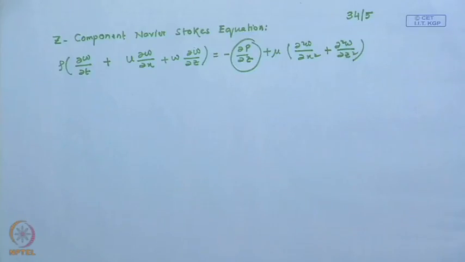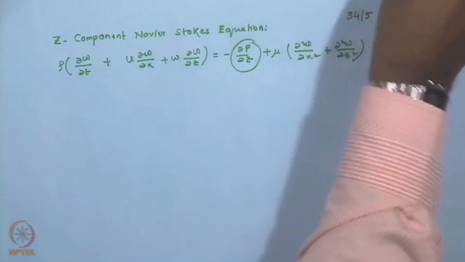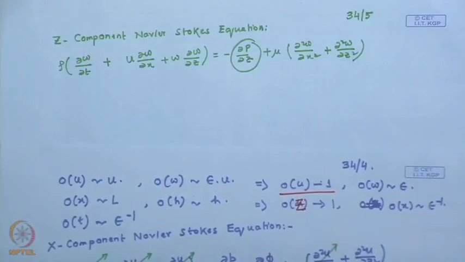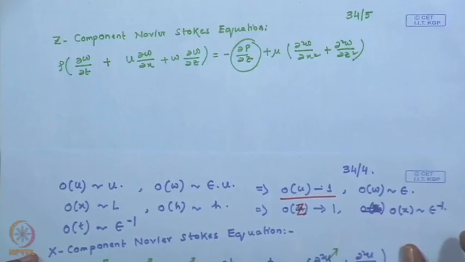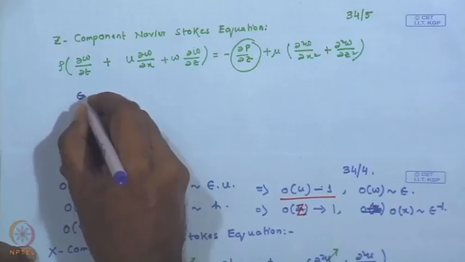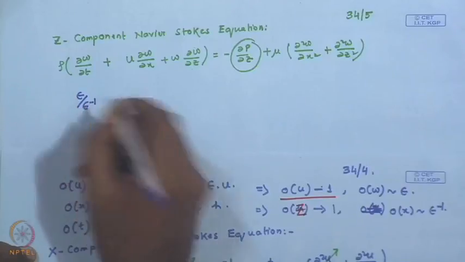Now, if you plug in the respective orders, what you will find here is that, let us have these orders here. The order of w is epsilon divided by epsilon inverse.